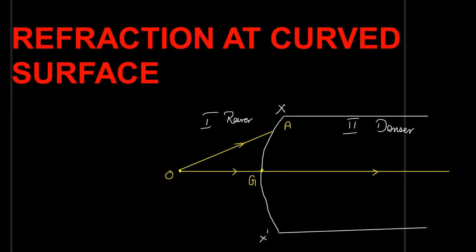If we draw the normal to the surface of separation at the point of incidence, the normal meets the principal axis at the position C, which is termed as center of curvature. When the ray passes from rarer to denser, the refracted ray bends towards the normal, represented by AI.